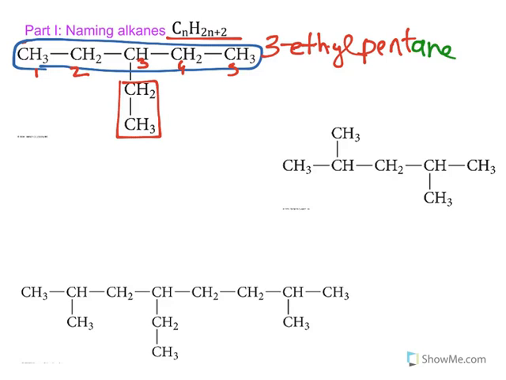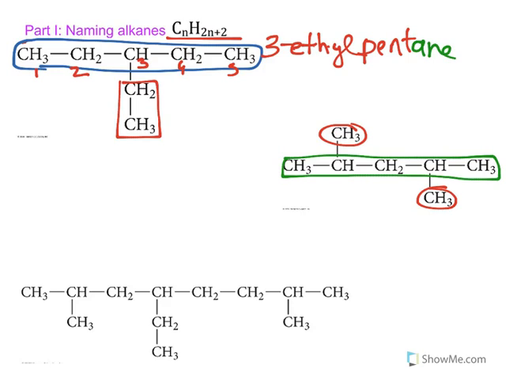The next example over here, again, step 1, identify the longest chain, which is called the parent chain. Identify the substituents. So here I have 2 substituents. Number the carbons of the parent chain from the end that gives the substituents the lowest possible numbers.